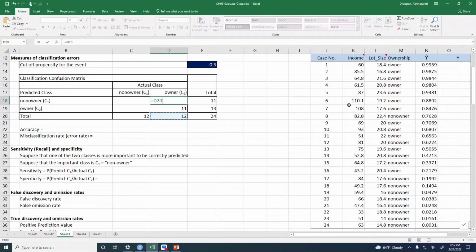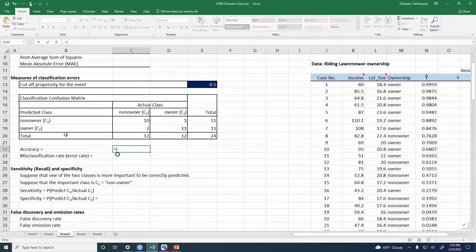So like that minus that, and that minus that, then that minus that will give you the confusion matrix.